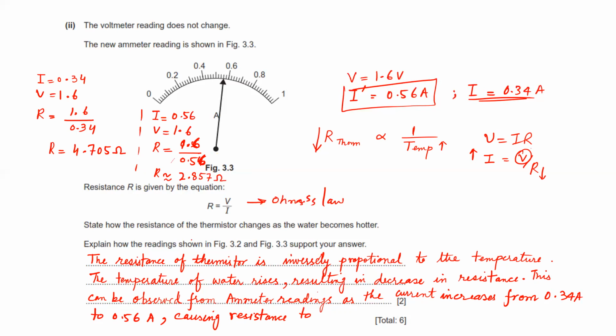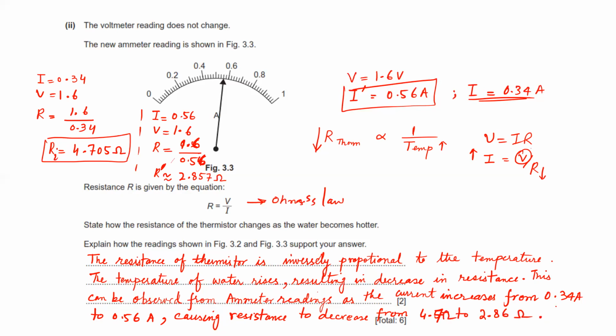So this is our initial resistance and this is R dash. So resistance decreases from 4.7 to 2.86 ohms.